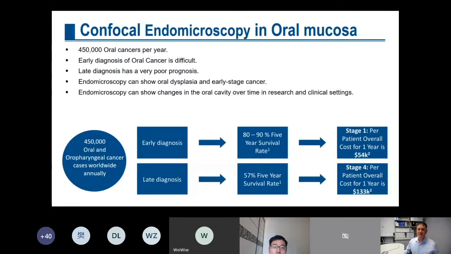If the cancer is identified early and treated, the prognosis is good. If the cancer is found after it has metastasized, the prognosis is much poorer and the cost of treatment is a lot higher. Therefore, being able to image lesions in vivo and to determine when they are becoming cancerous is highly desirable.